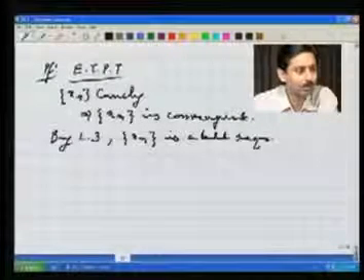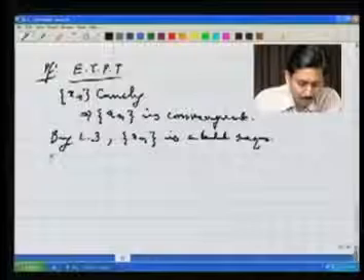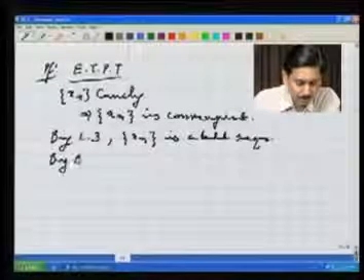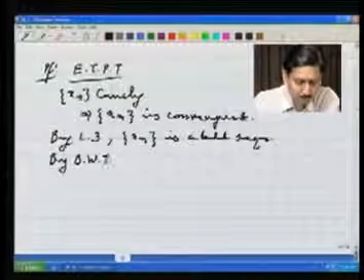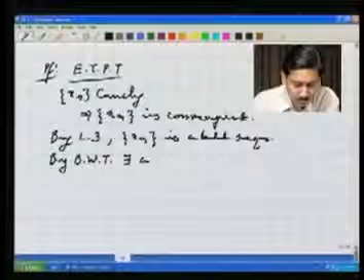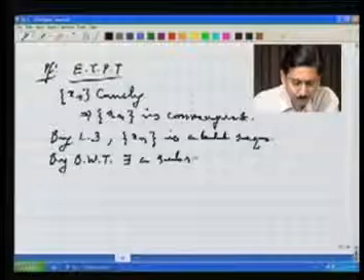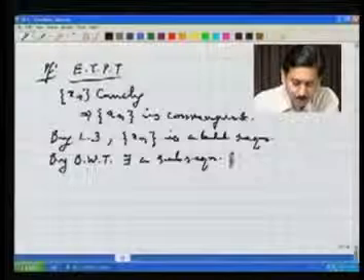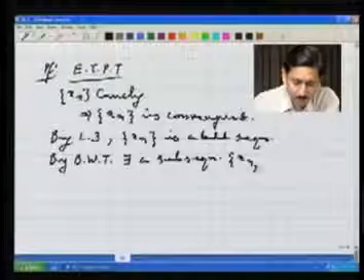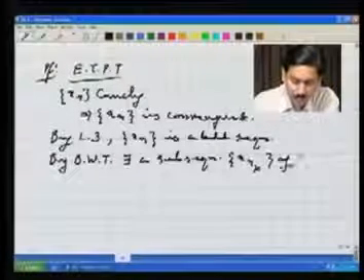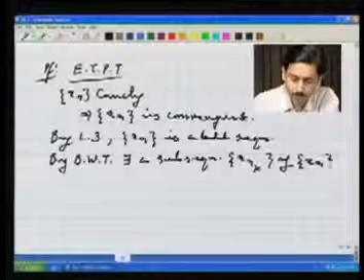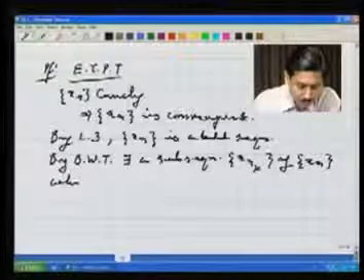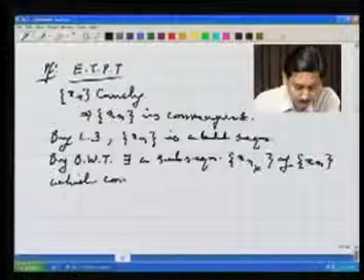Then I use the Bolzano-Weierstrass theorem. By Bolzano-Weierstrass theorem, there exists a subsequence xnk of xn which converges.